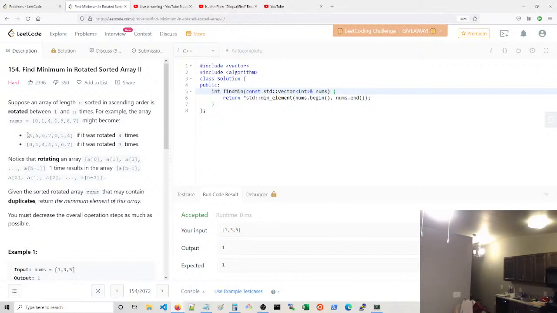Because, let's say you looked at every element except one, right? So you could actually prove that it's not possible to do this better than linear time. If you looked at every element except one, and let's say they're all the same up to that point, the last element you haven't looked at could be smaller.